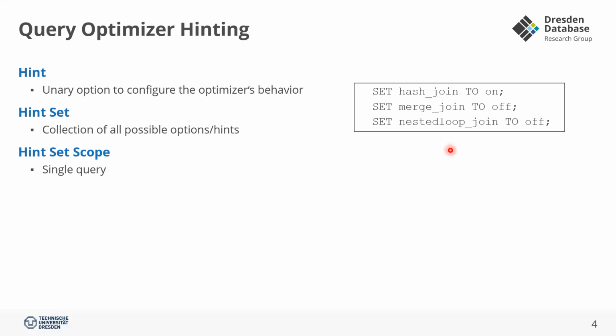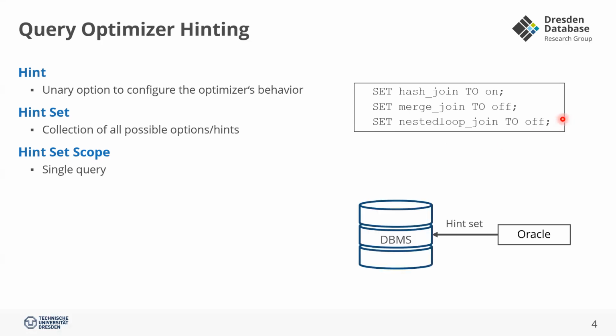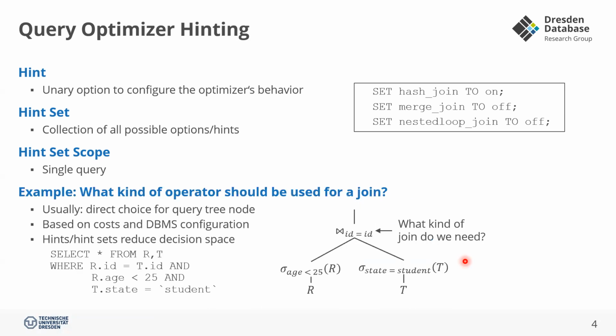So the idea is you predict a hint set with some sort of oracle or all-knowing entity and forward this hint set to the database management system, to the optimizer, and then the optimizer gets steered with this hint set. So for example, we have this example query down here, which leads to this query execution plan. And now the question is, for the physical operator optimization, what kind of join do we need here?